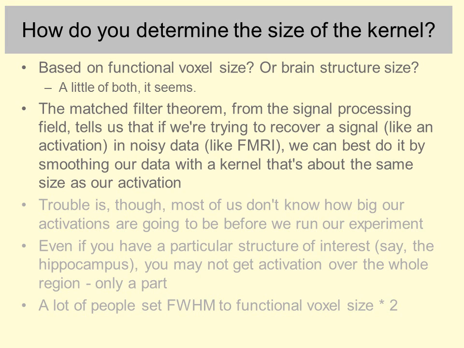So if you're interested in the amygdala, you might be able to work out the size of it from an atlas and then use a smoothing kernel of that size.